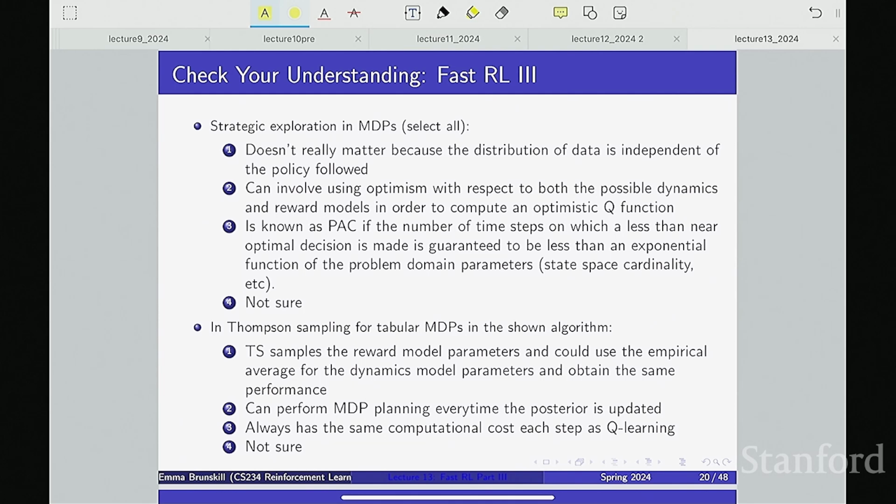Why don't you compare your answers to someone near you?